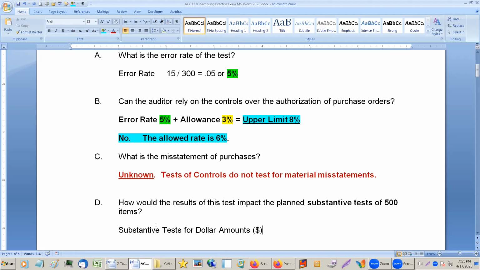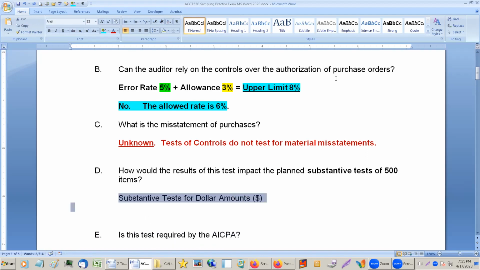Some of those tests are for dollar amounts.